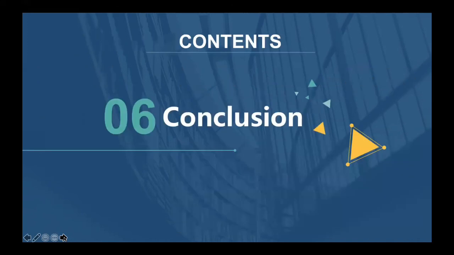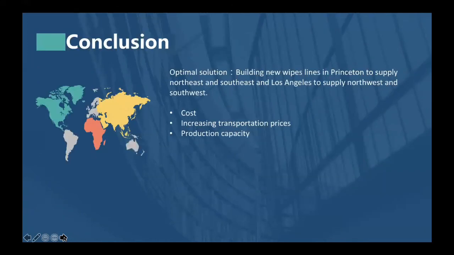And the last part is our conclusion. Whether in the current situation or in the future, when transportation costs rise, the optimal solution for the company is to build a new WIPES line in Princeton and Los Angeles.